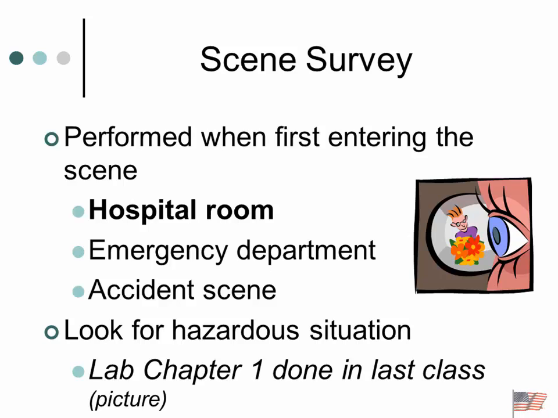We don't really deal with the accident scene, but if you talk to any EMT or paramedic, they're taught to always do the scene survey, because they may be going to somebody's home where there are all kinds of dangerous things inside. So we're looking for that hazardous situation. Remember that picture we looked at with the guy sitting in bed smoking, and the frayed cords and everything else.